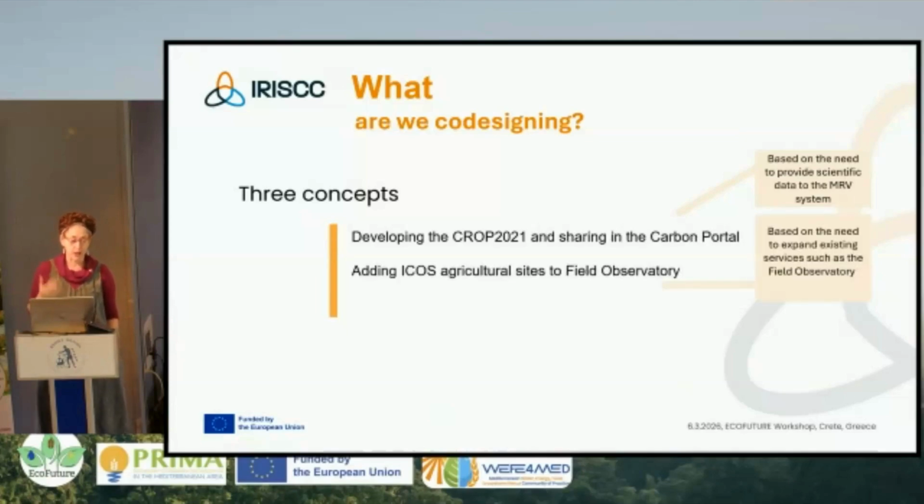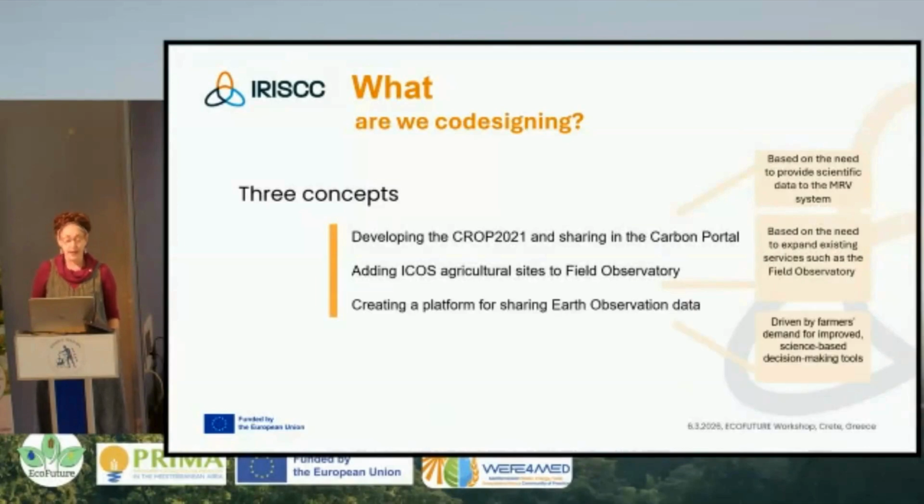Adding ICOS agricultural science to Field Observatory, based on the need to expand existing services, and creating a platform for shared Earth observation data. And this we are doing as part of a collaboration with another EU project, which is Soil Tribes. So this is driven by farmers' demand for improved science-based decision-making tools. And this is what they told us.